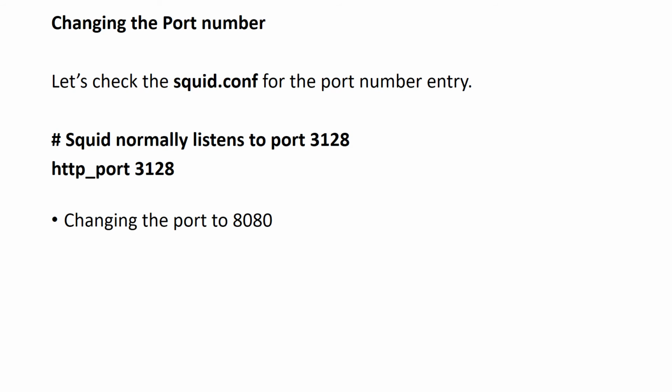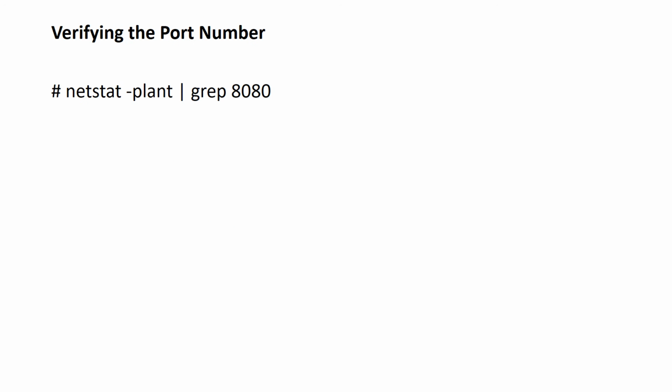That's it. Now to verify the port number, we use the command netstat -plant. This is very easy to remember, plant. We pipe it to the grep command and check for port number 8080. So there we have it.